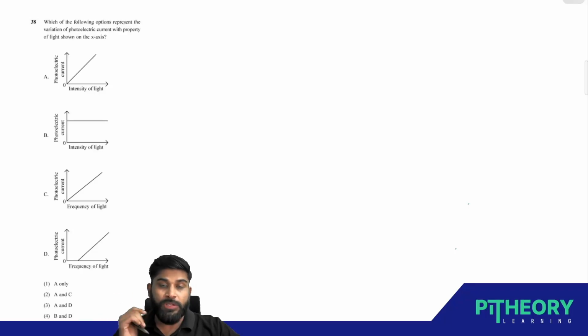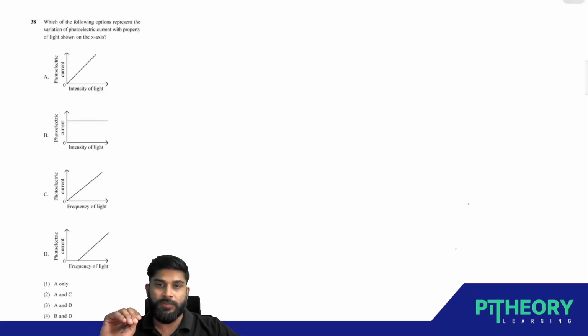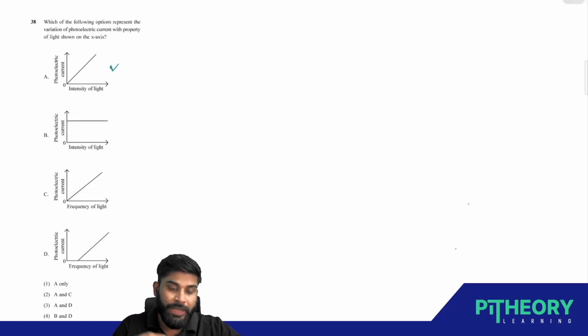Photoelectric current is proportional to intensity; that is an observation of the photoelectric effect. You can explain it like this: more intensity means more number of photons, so more photoelectrons will be ejected and obviously photoelectric current will be more. So option A is correct. Very clearly option 2 is wrong, because photoelectric current will not be constant.